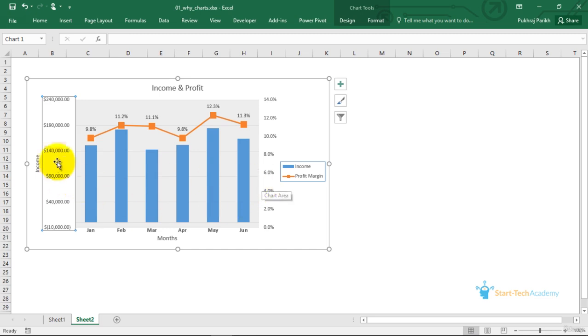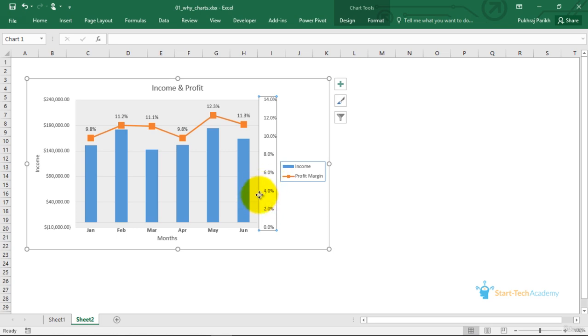The one on the left is called primary vertical axis and one on the right is called the secondary vertical axis. We have created these two axes because there is a huge difference in the values of income and profit margins. While the values of income is in the thousands, the value of profit margin is in decimal points.